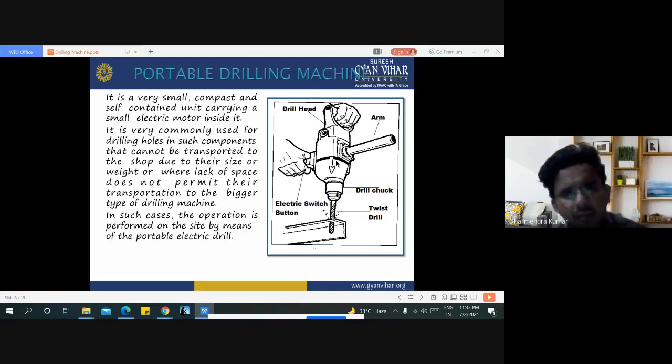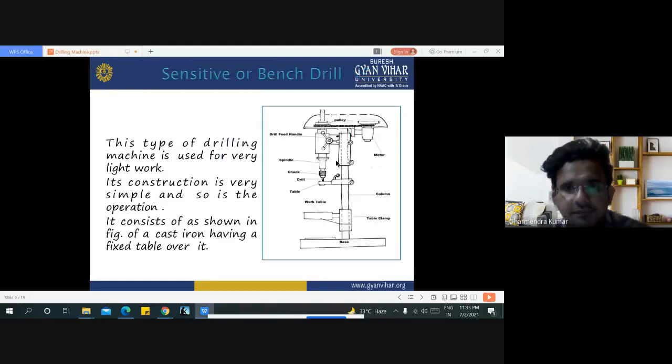It is very commonly used for drilling holes in components that can't be transported to the shop due to their size or weight, or where lack of space does not permit their transportation to the bigger type of drilling machine. In such cases, the operation is performed on site or in houses, for household purposes, using portable electric drilling machines.